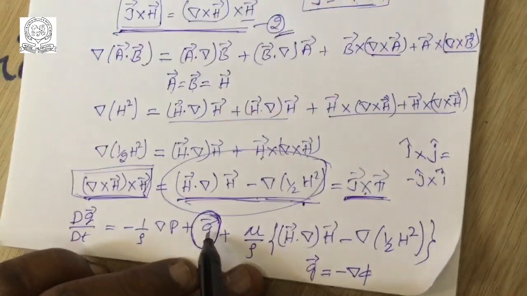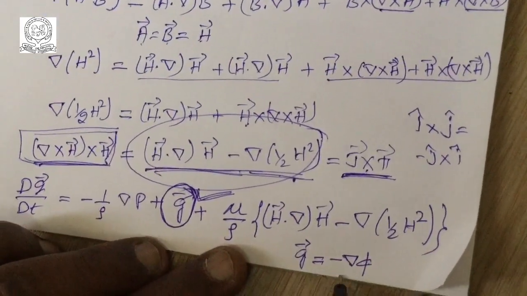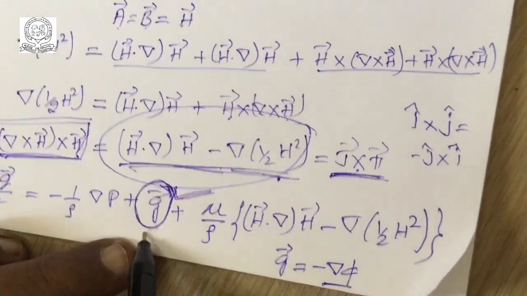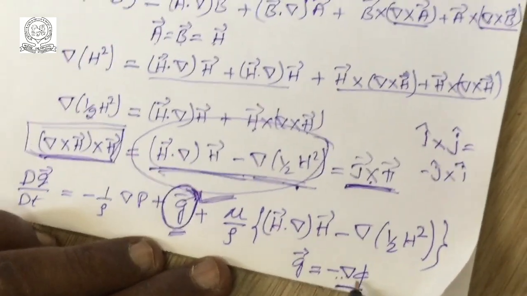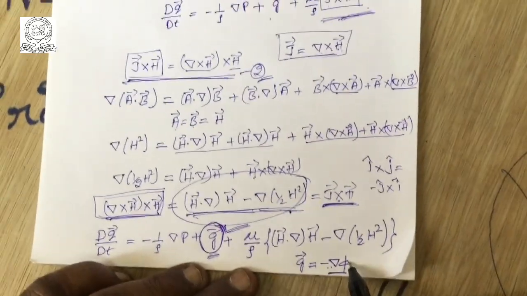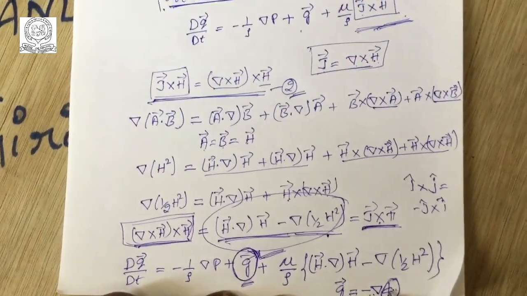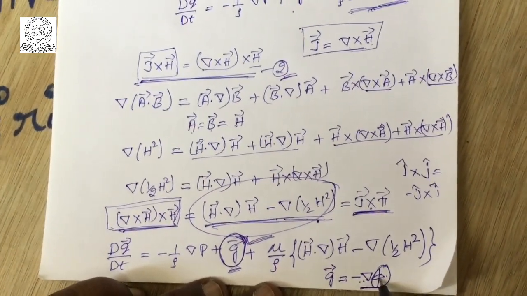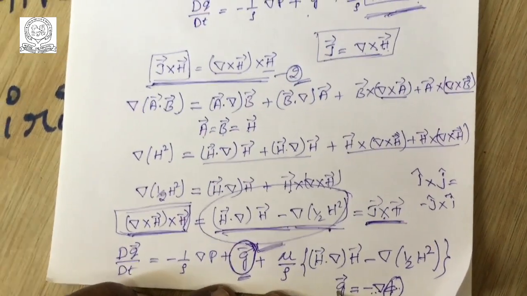You can express the acceleration due to gravity in terms of gradient of some scalar because it is conservative in nature, and that scalar is known as gravitational potential. You call phi the gravitational potential. Gradient of gravitational potential is nothing but your acceleration due to gravity.